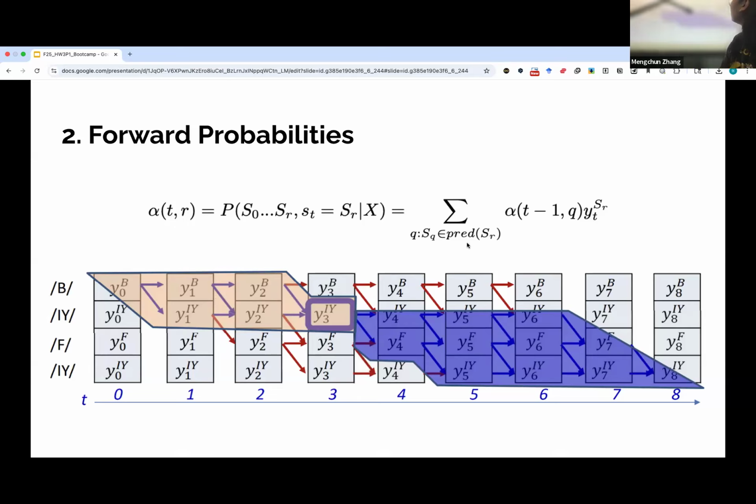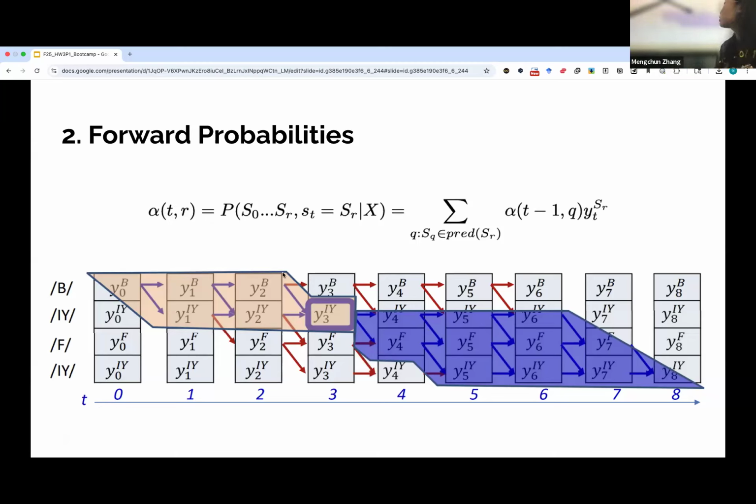Here t denotes the time step t in the input, and r denotes the position in the extended target sequence. So alpha t comma r tells you the probability that the model goes from time step zero to time step t and reaches symbol r, the probability of this process.